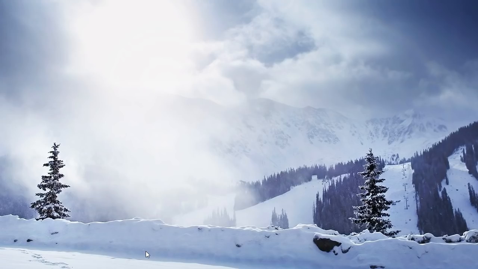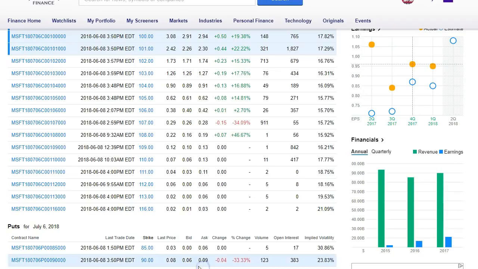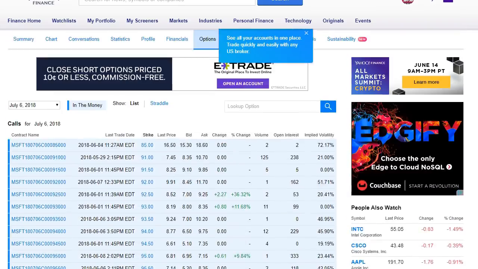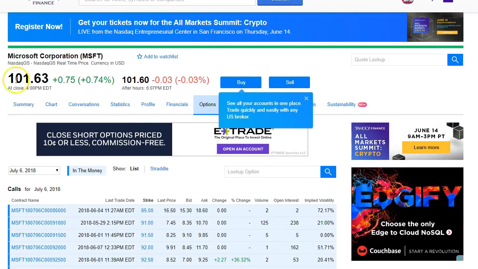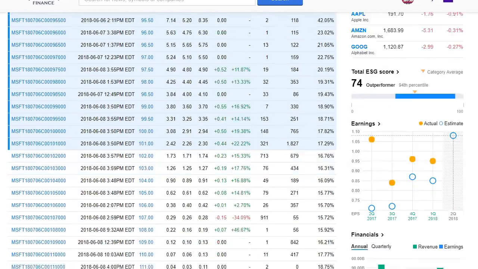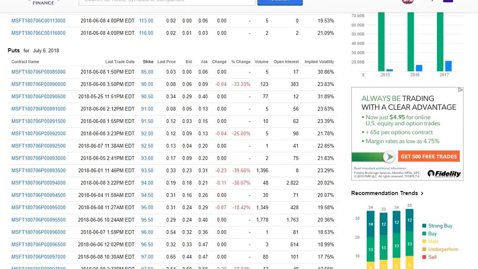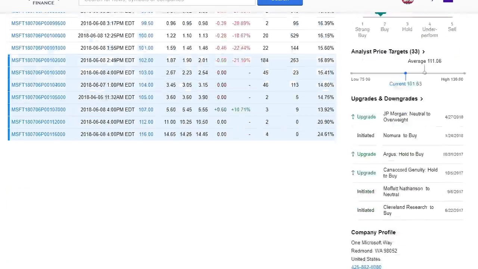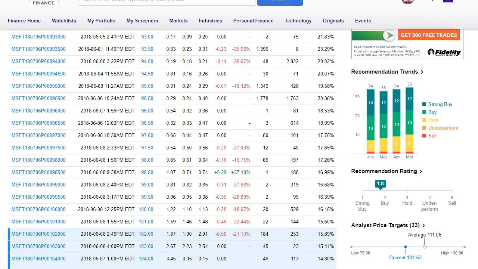Let's say Microsoft is trading today at around 101. So I go 30 days out, July 6th, I think it's about 28 days, but that's close enough.